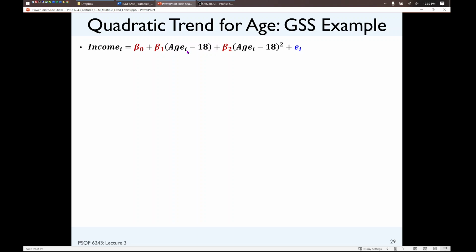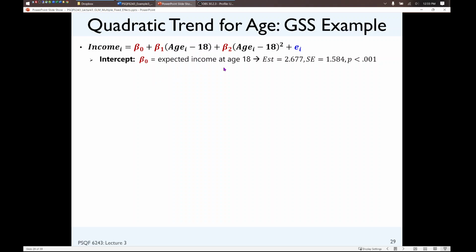I have age sub i as my predictor variable, minus 18, and then I have the same thing squared. So age is being given a linear slope as beta 1 and a quadratic slope as beta 2. The beta 0 intercept then is going to tell me the expected income for someone who is 18 years of age. Had I not centered age at 18, beta 0, the fixed intercept, would tell me the expected income for a newborn baby. Not helpful.